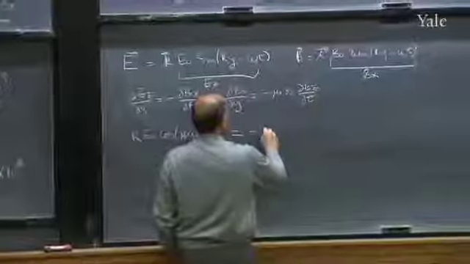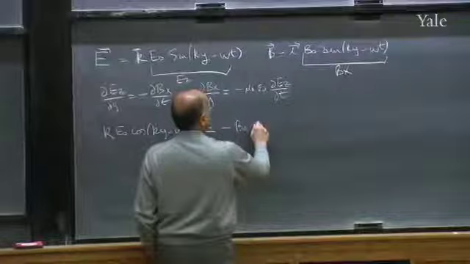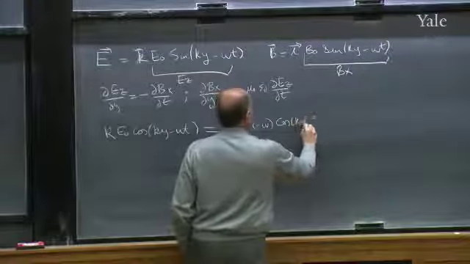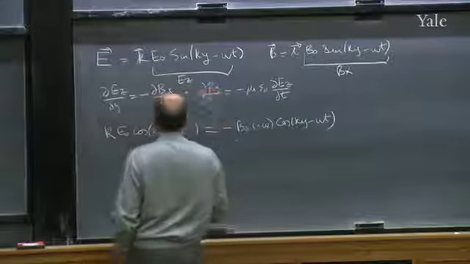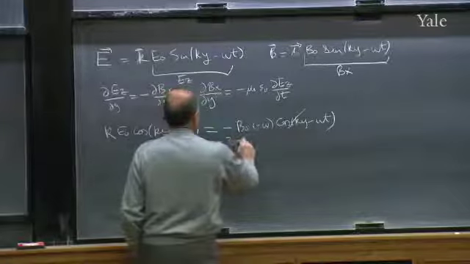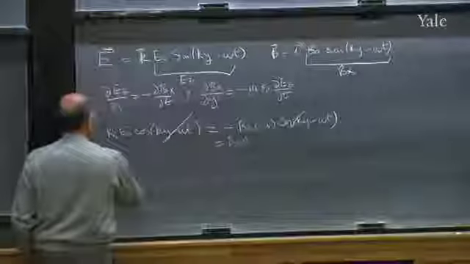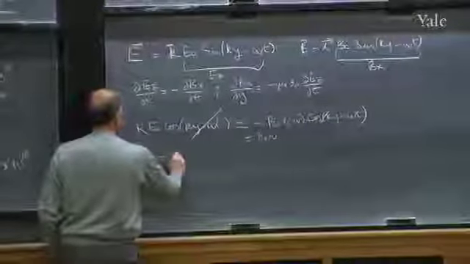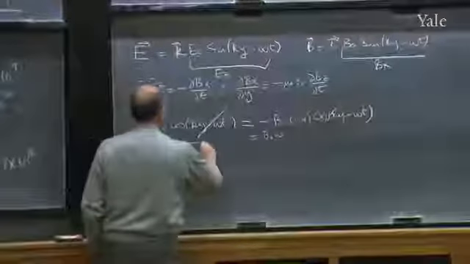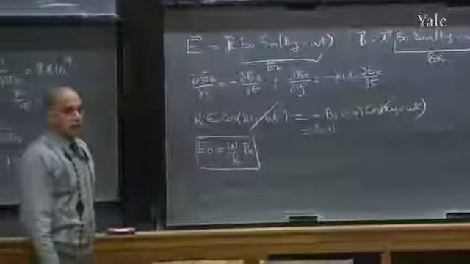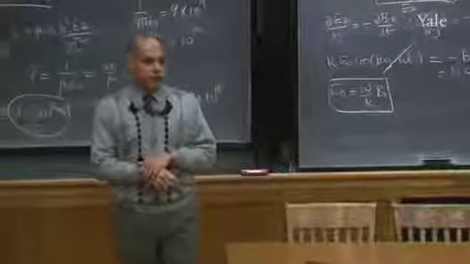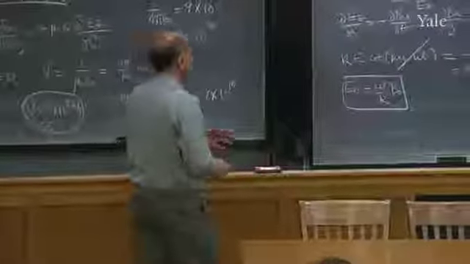D by dt of this is B0 times minus omega cosine(ky minus omega t). So these things cancel out, then I get B0 omega. So this tells you that E0 is equal to omega over k times B0. It tells you about the magnitude of the E and B vectors, what size they should bear in relation to each other. This is one condition.